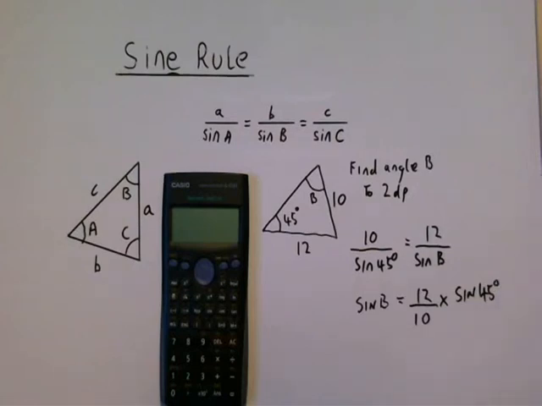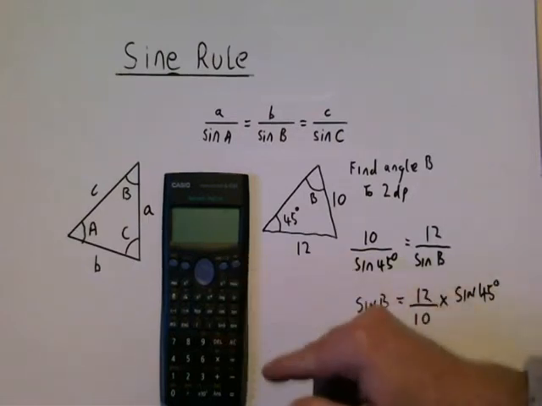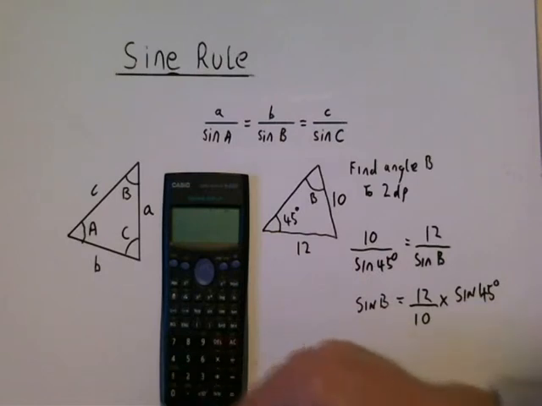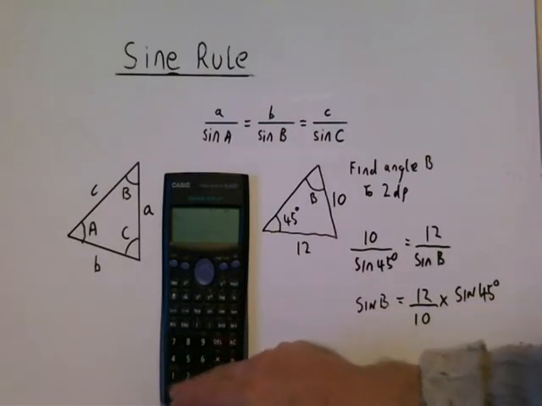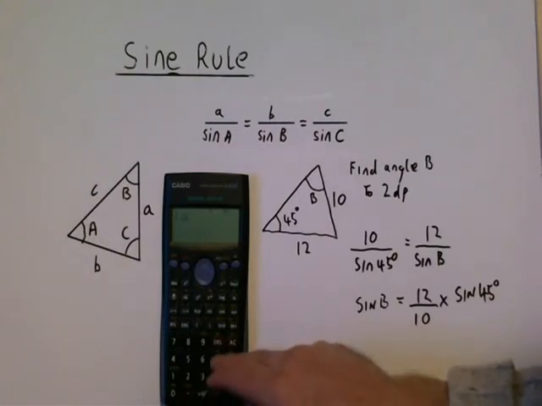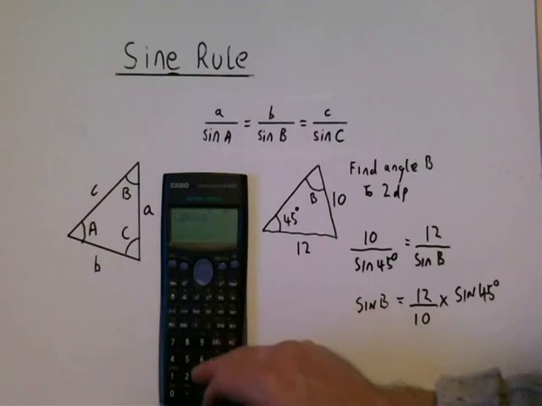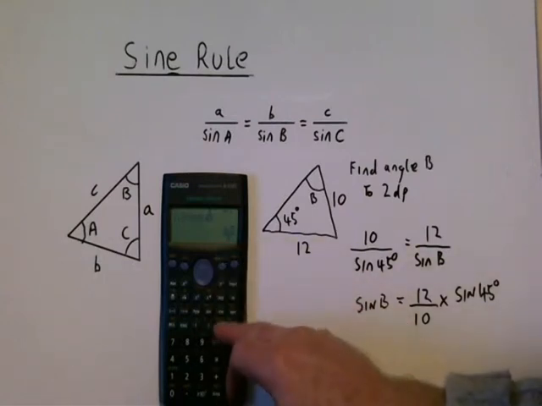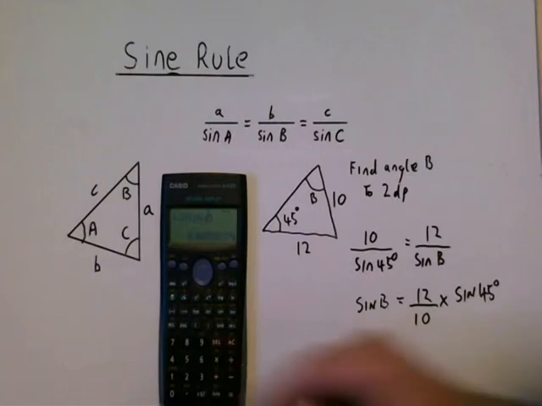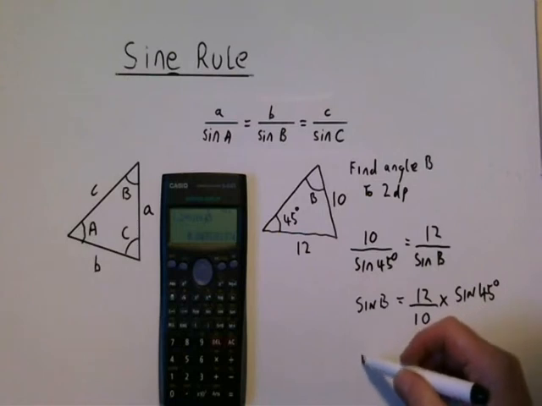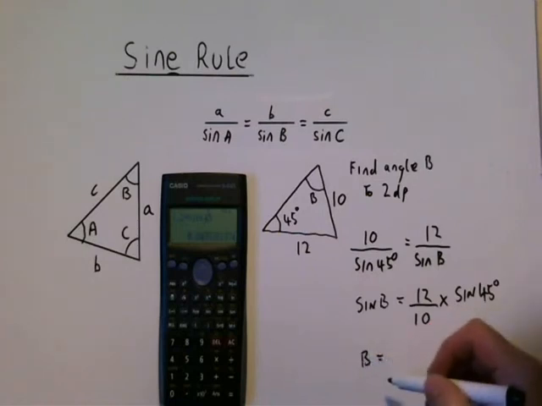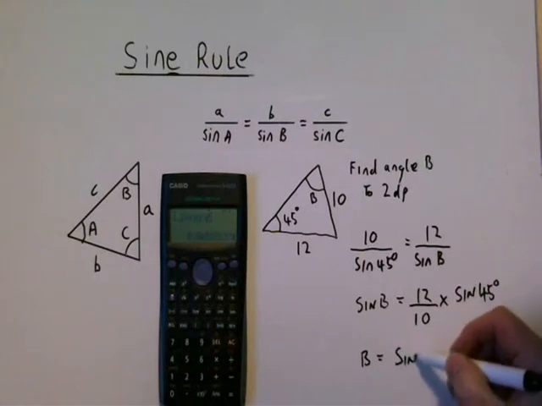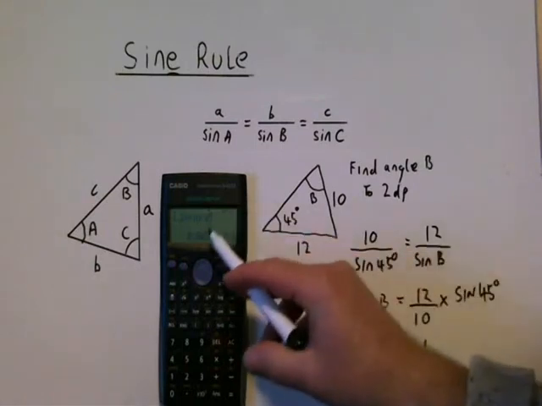Okay, I'll put all that in the calculator. So 12 divided by 10, well that's going to be 1.2, isn't it? So 1.2 times the sine of 45. That gives us that. Now it's showing it in fraction form, so I'll just press S-D, which changes it to decimals. And I'm not even going to put that down because that's the sine. So we want the B, which is going to be sine to the -1 of whatever the answer is.